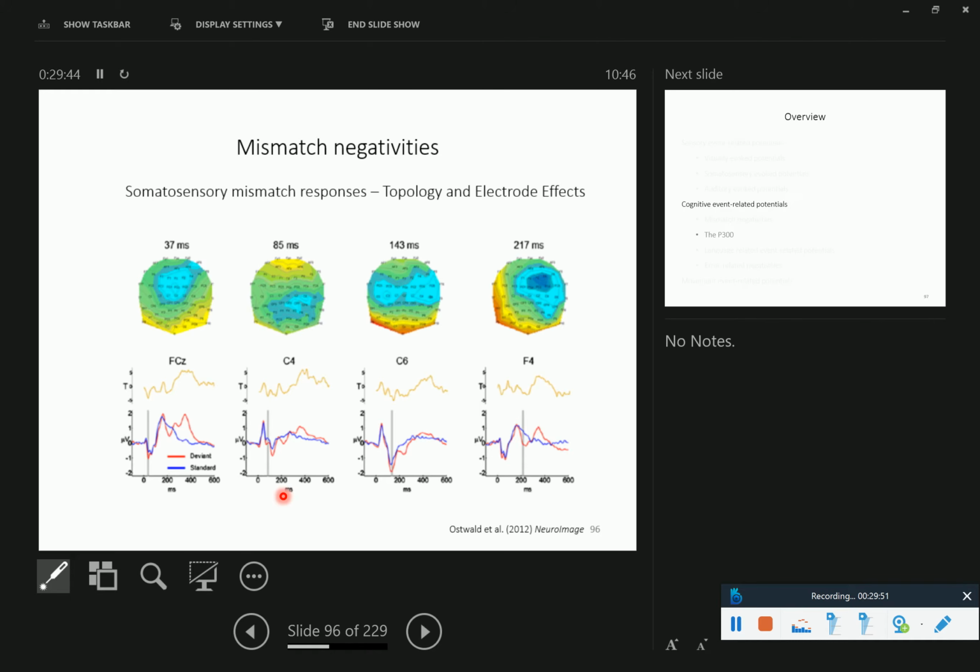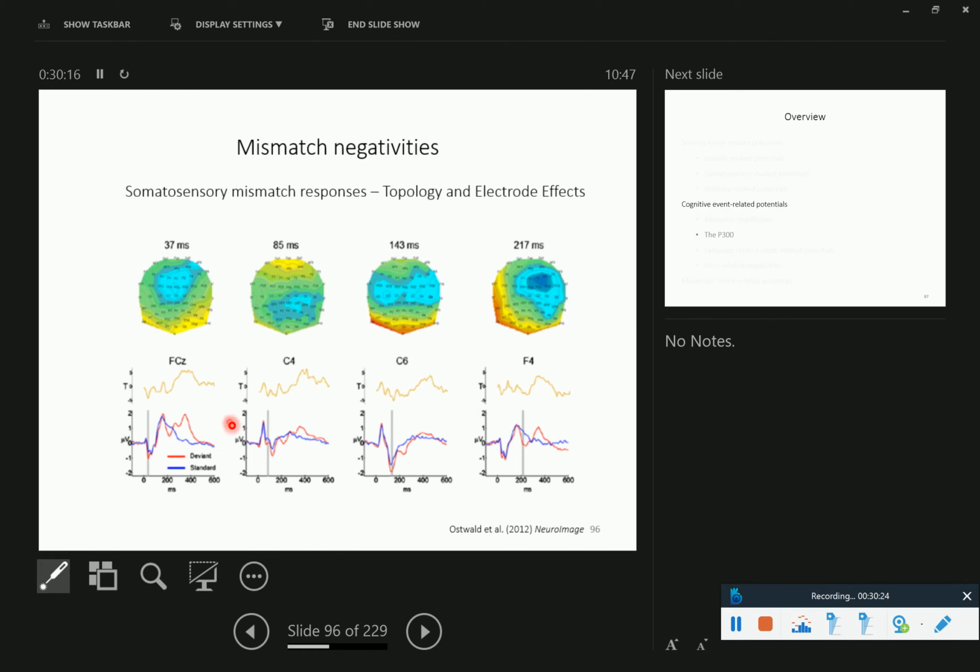Until you get this high-profile paper that says, for years, we thought of the mismatch negativity as something at 150 milliseconds. But now if one looks over the whole time range, then you see effects everywhere. And then everybody's like, wow, that's amazing. And then you have this highly cited paper which stated the obvious, but yeah, at least then it opens things up. Okay, so that was a bit meta.